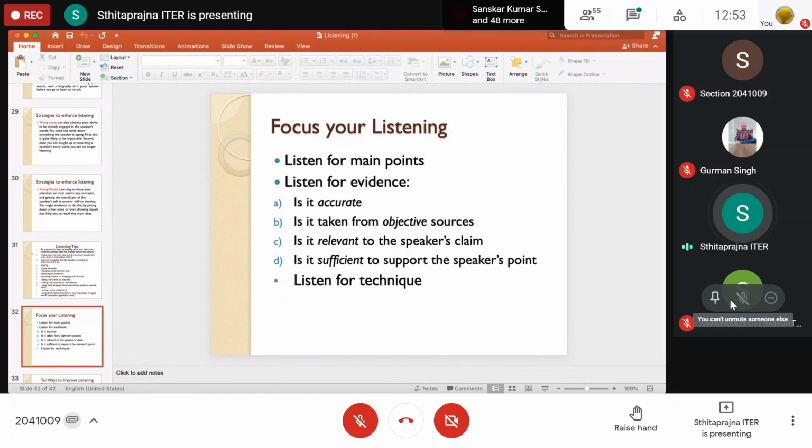And listen for the technique. What is the technique that the speaker is using? How has he organized the talk? What is the organizational pattern of this?